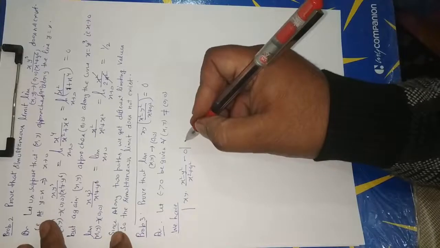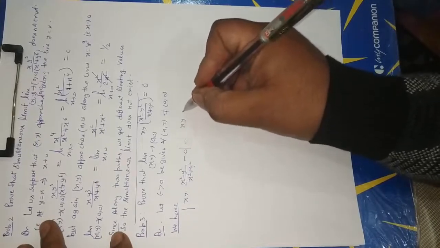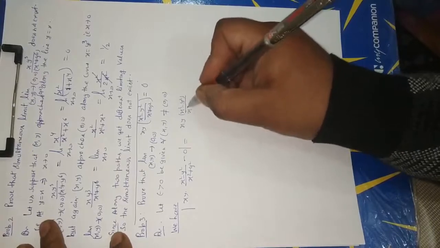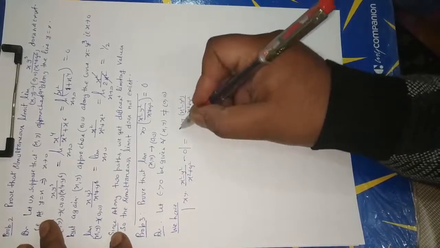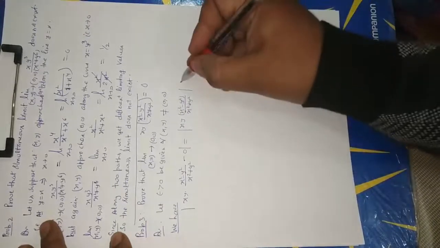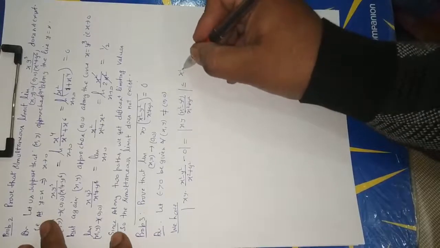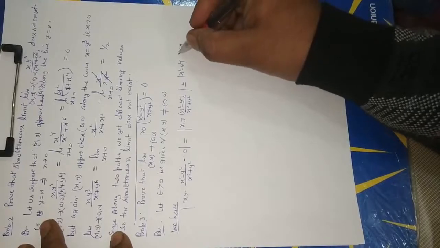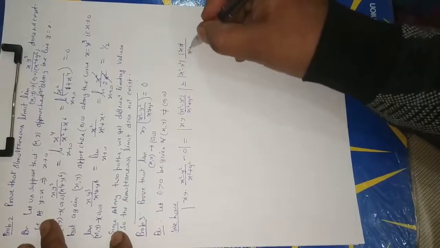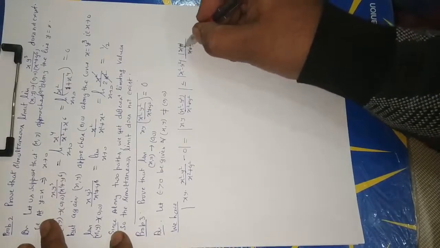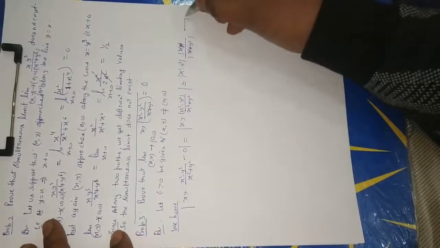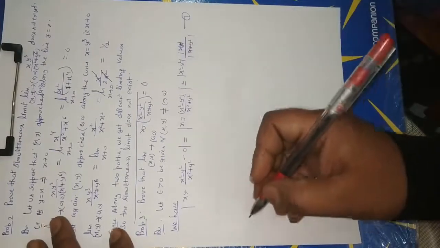This is equal to the modulus of xy times x² minus y² upon x² plus y², which is equal to the modulus of x² minus y² times the modulus of xy upon x² plus y². This is represented by equation number 1.